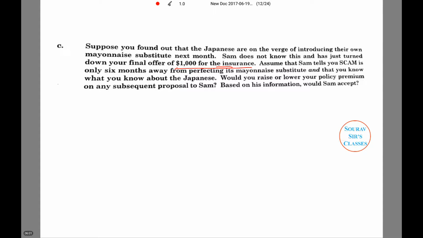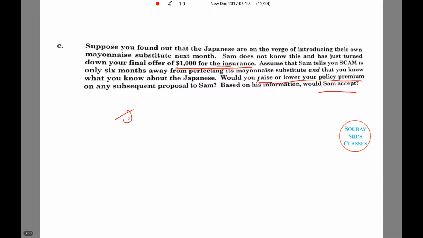As you can see from the question, we already know about the Japanese. So based on this information, what will our move be? Would we raise or lower our policy premium on any subsequent proposal to Sam? And would Sam accept it? Let's see.